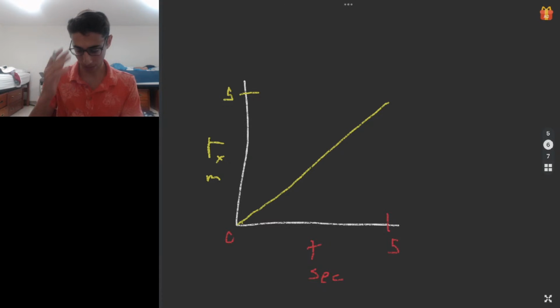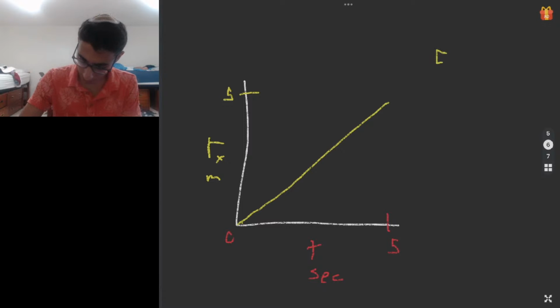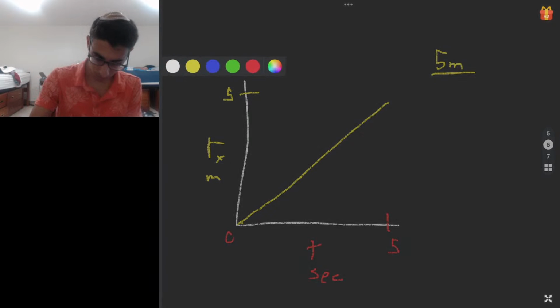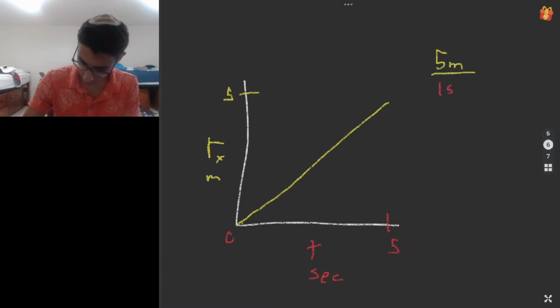Since it's a line, it means that during these 5 seconds we were going a constant speed. So let's make our velocity graph based off of that information.